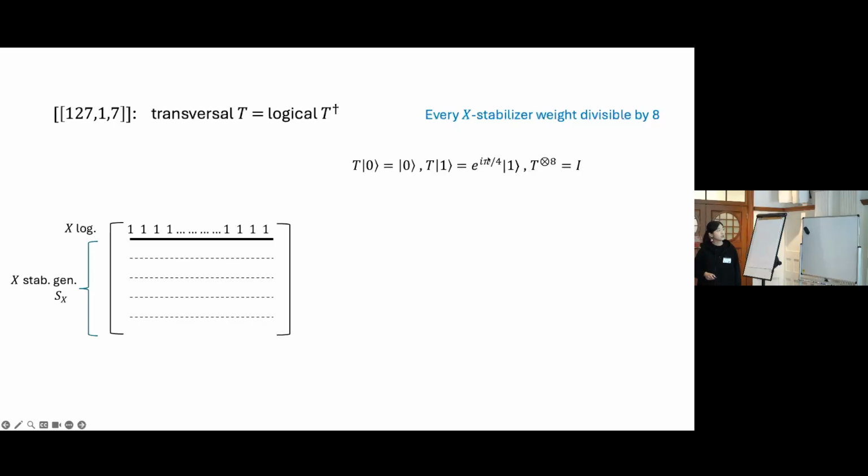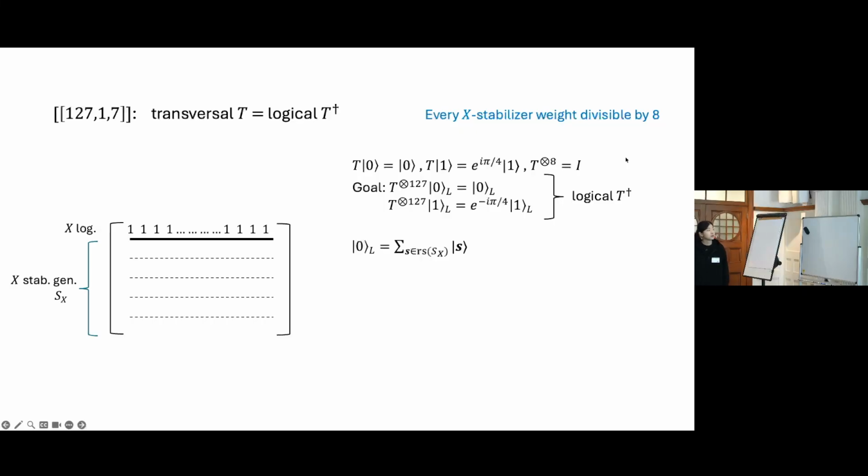A T gate acting on a computational basis state gives a phase like this. If we want to prove that a transversal T gate acts as a logical T dagger gate, we just need to prove something like this on the logical states. The zero logical state can be obtained by initializing all the qubits in 0 and then applying all the stabilizers to it.